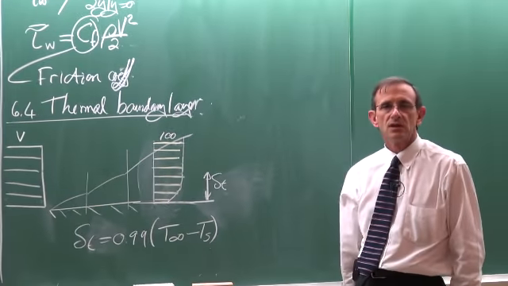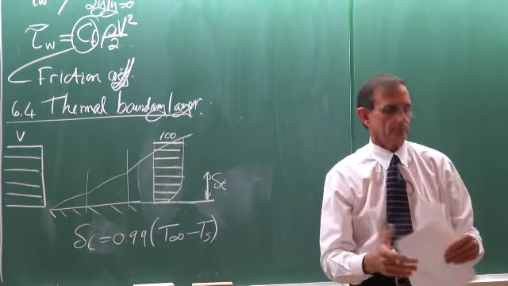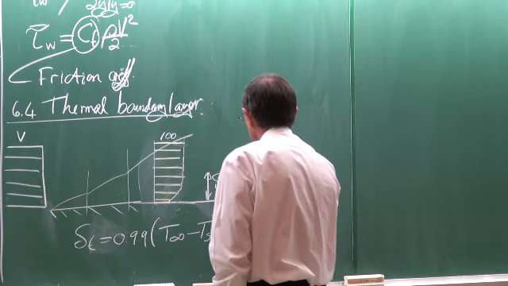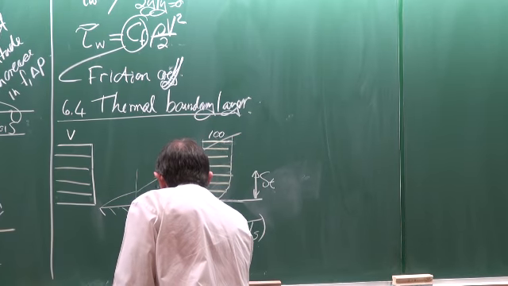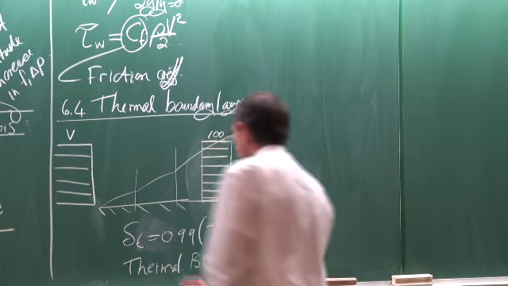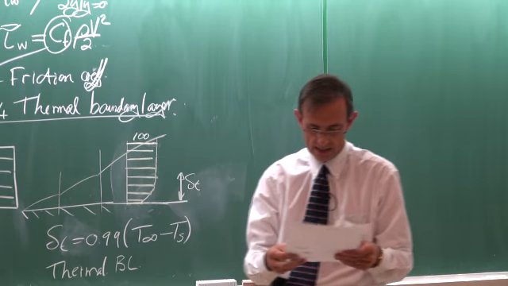So it is 99% of the difference between the two. That is called the thermal boundary layer, or thermal BL. The previous one was called a velocity boundary layer.